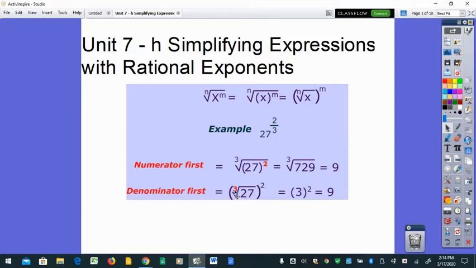So here, if you took the cube root of 27, now that is an odd root of a positive number, so there's one solution, which is 3, and then square it, you would get 9. And up here you see that we are squaring the 27, making that 729, and then you've got to try to figure out what the cube root is, and that's a harder road to travel versus making something smaller before you make it larger.